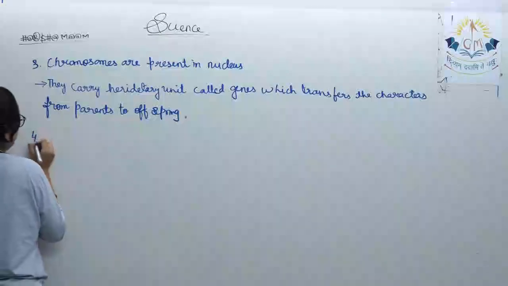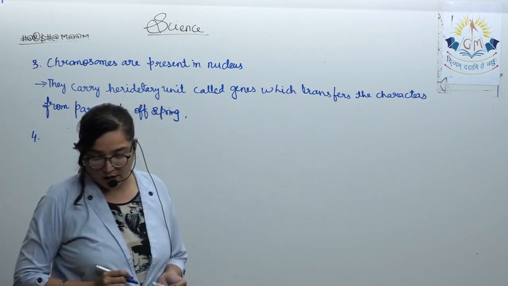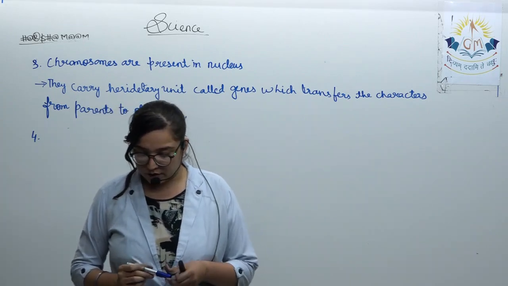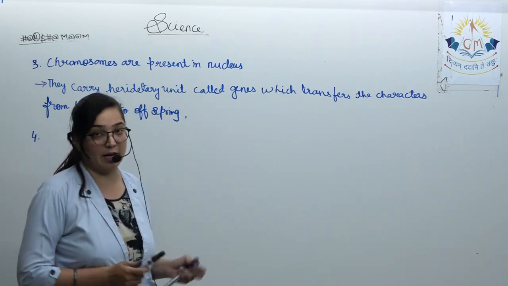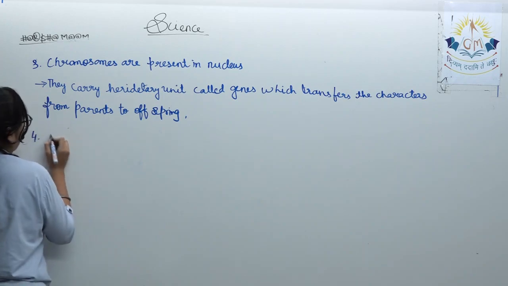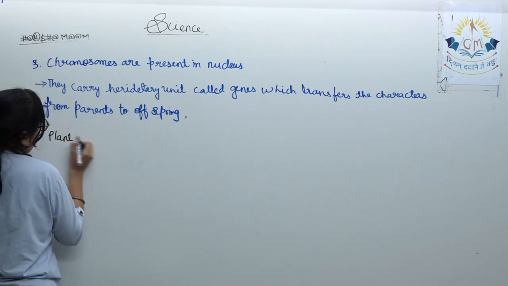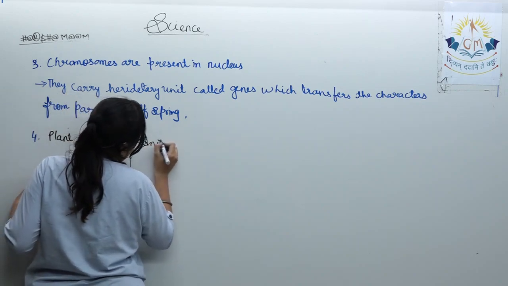Okay. Next, fourth one. Here we have to mention the difference between the plant cell and animal cell. Plant cell, animal cell.